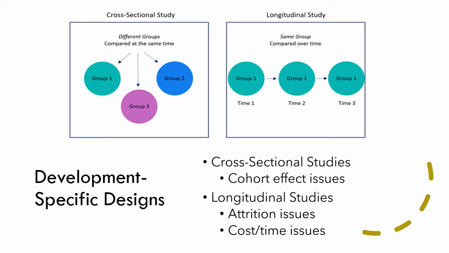If I wanted to look at how age was related to some particular variable of interest, I could potentially just grab people of different ages and measure them on that variable, assuming that any differences that I found in the averages between those groups were related to age. But there's a big concern when we do that type of research, and it's this potential for something that we call a cohort effect.